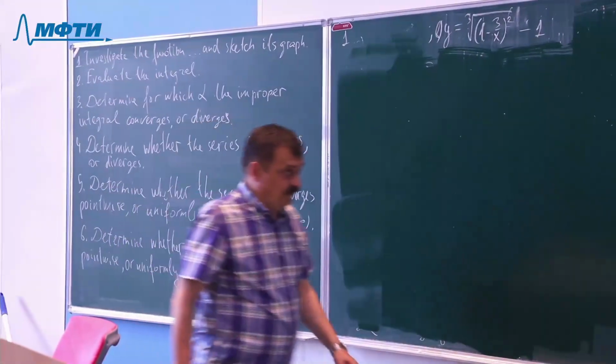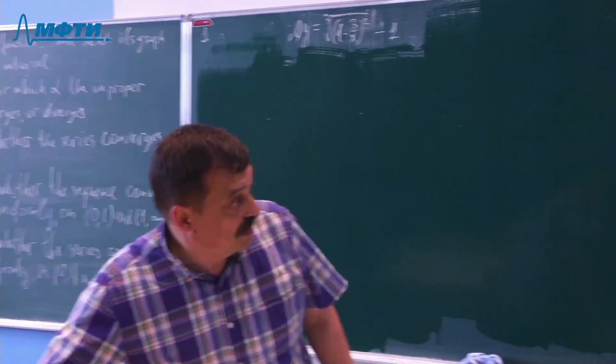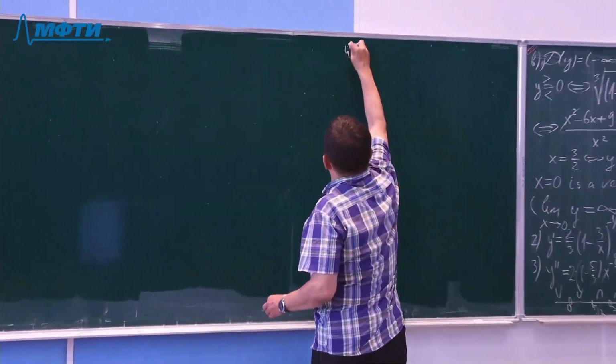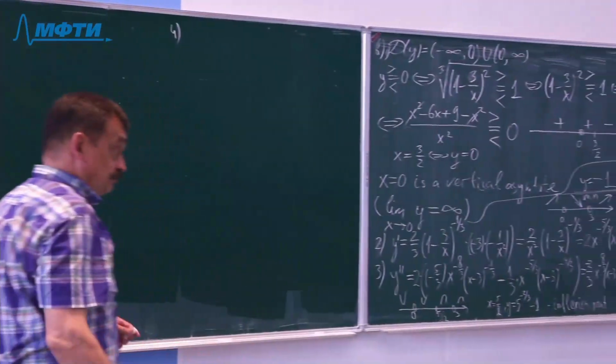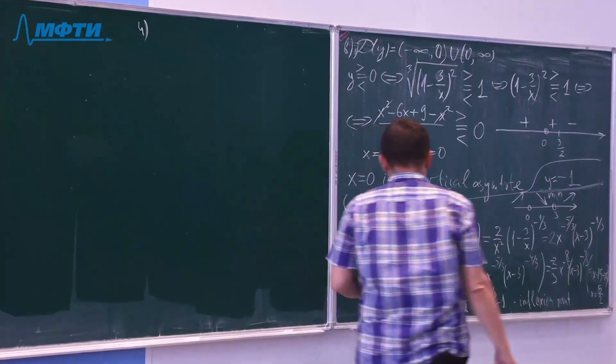Now, for the graph. Oh, not yet. The last stage, fourth, is to look at horizontal or oblique asymptote.